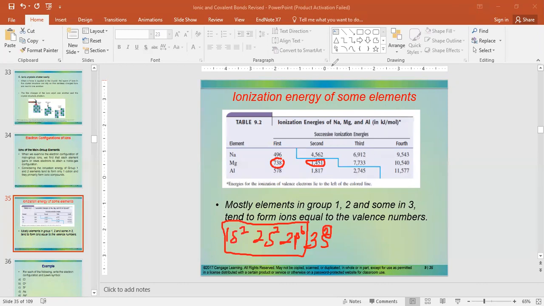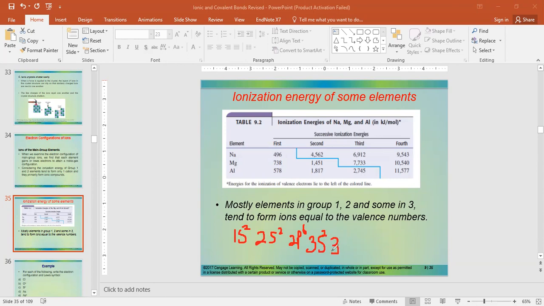Then when you look at aluminium here, aluminium is 1s2, 2s2, 2p6, 3s2, 3p1.